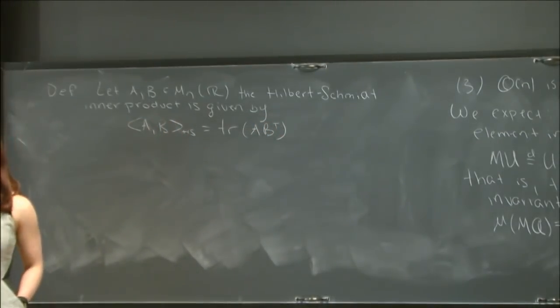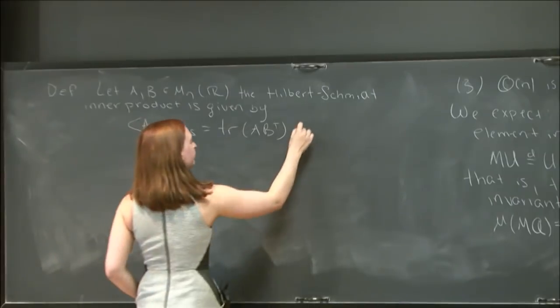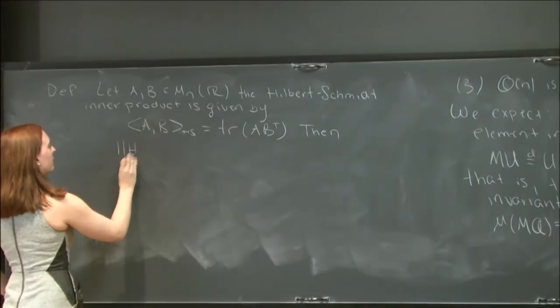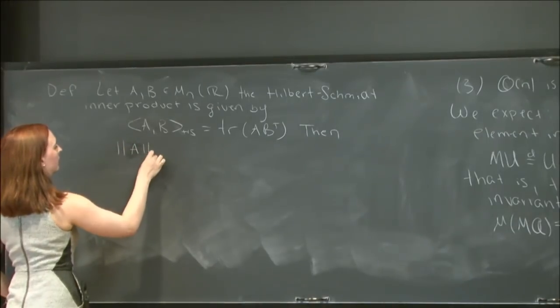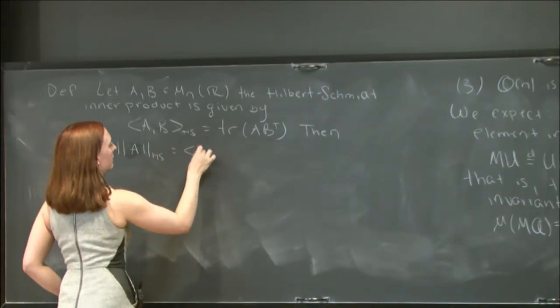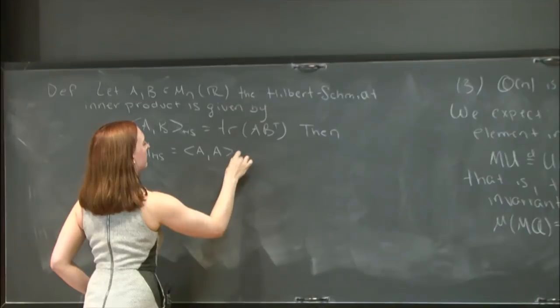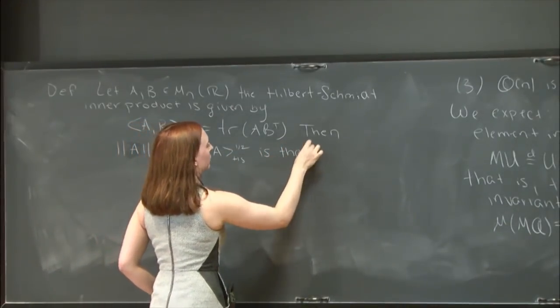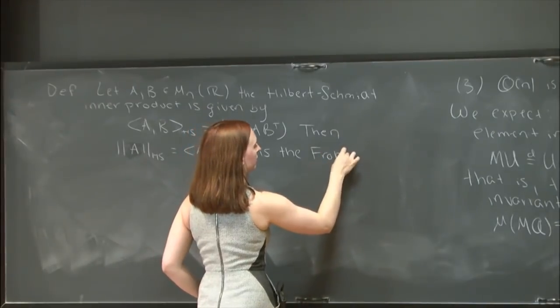And then the induced norm, the norm on A, is the square root of the Hilbert-Schmidt inner product of A with itself. This is the Frobenius norm, or sometimes the Schatten-2 norm.